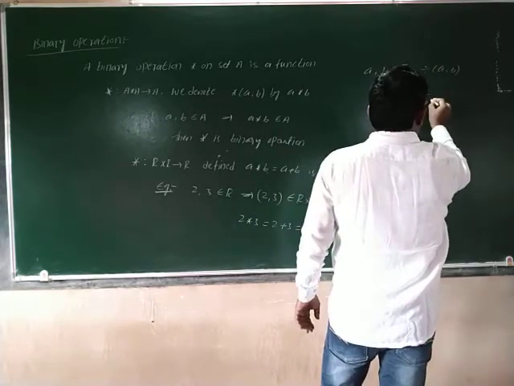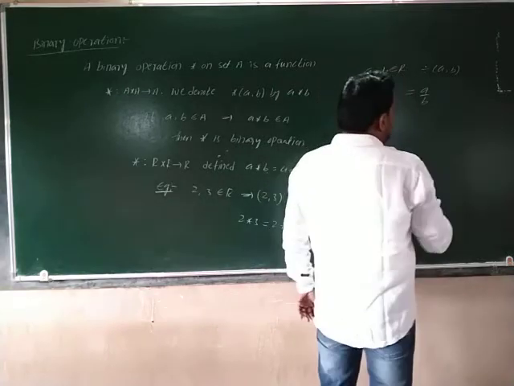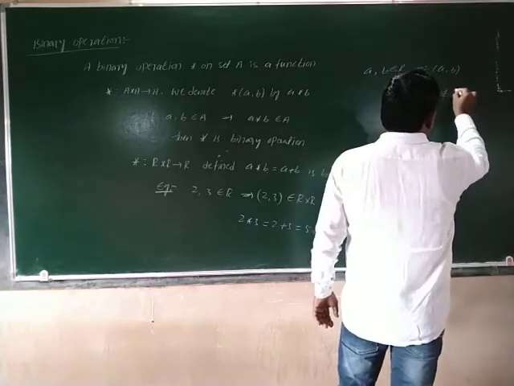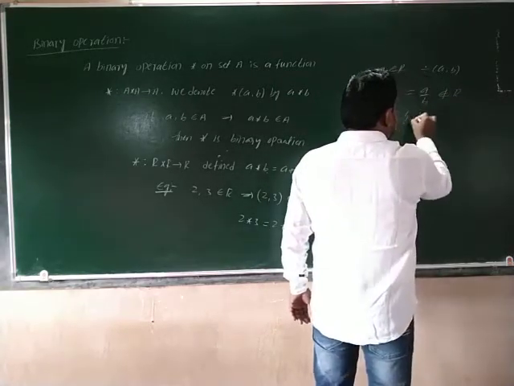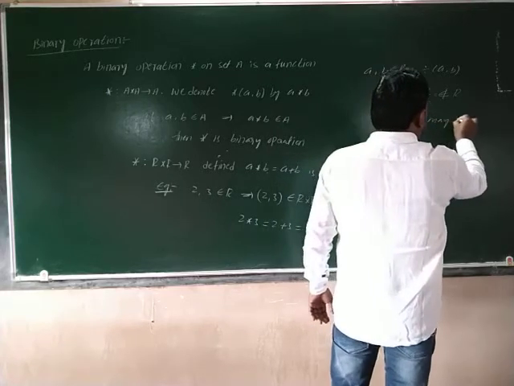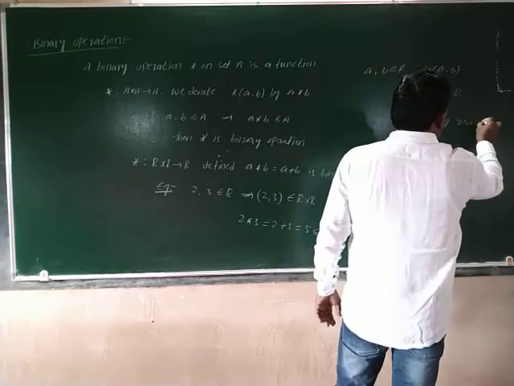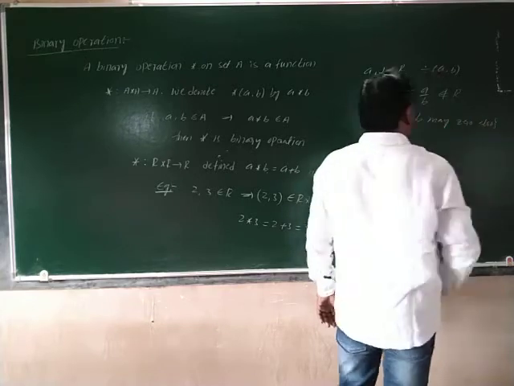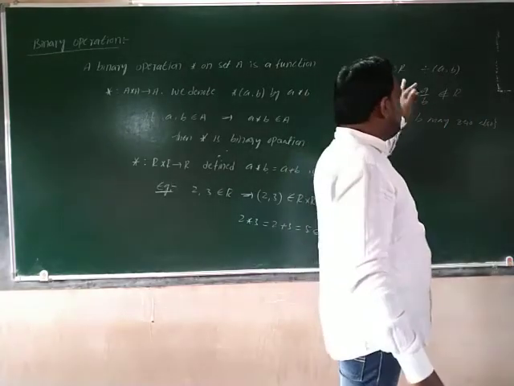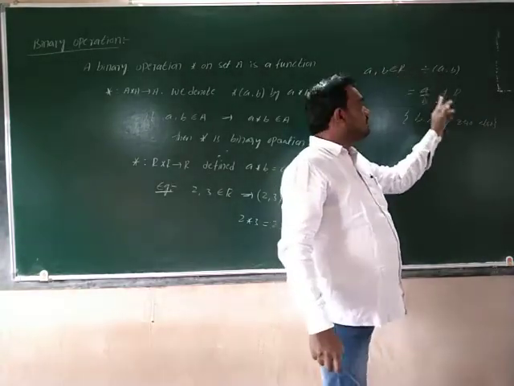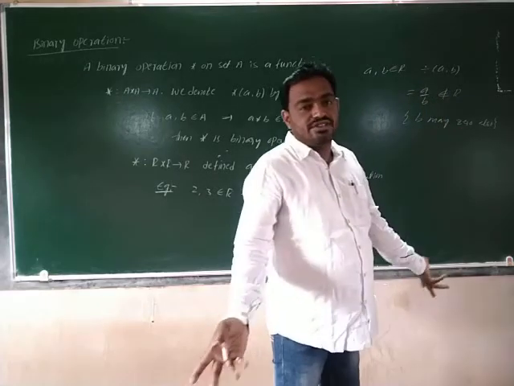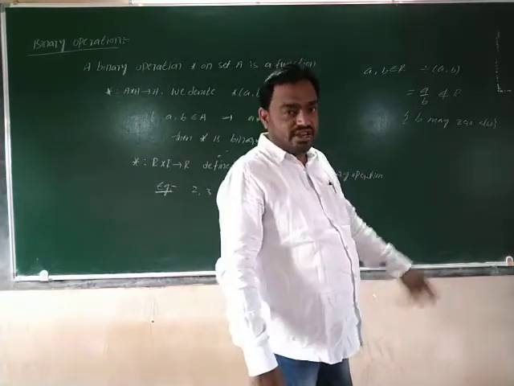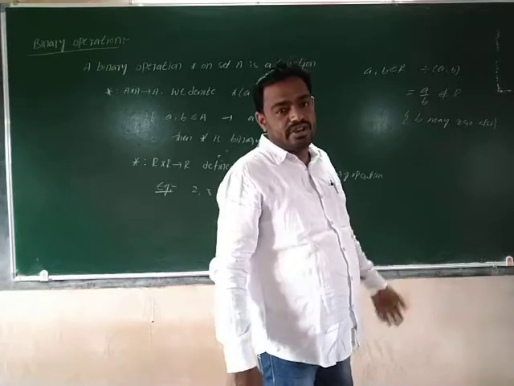A by b. So this does not belong to R. Why? You see, b may be 0 also. If b equals 0, something by 0 equals infinite, which does not belong to R. Not defined.